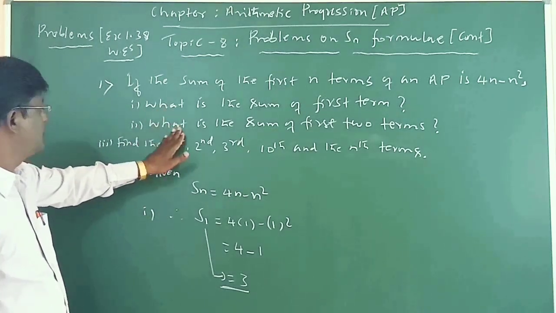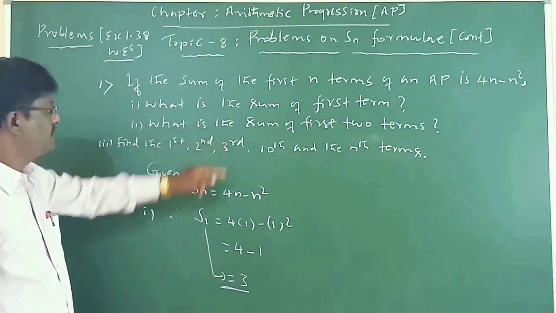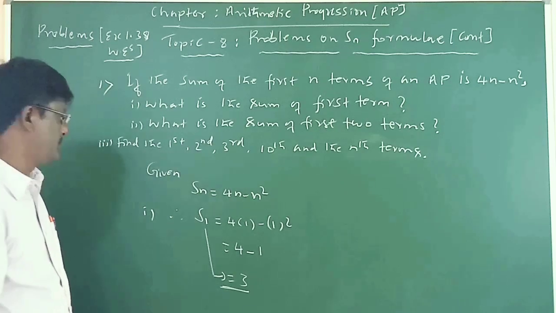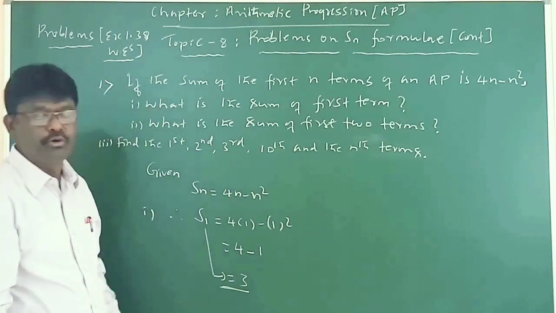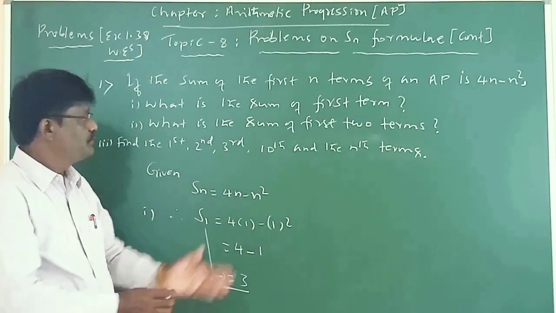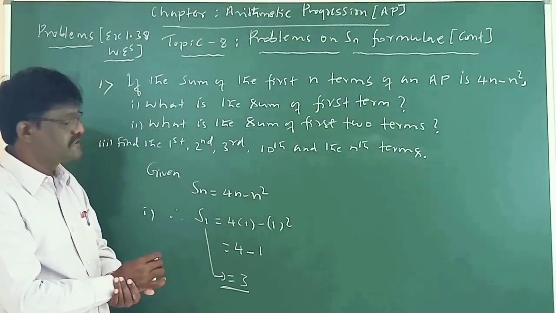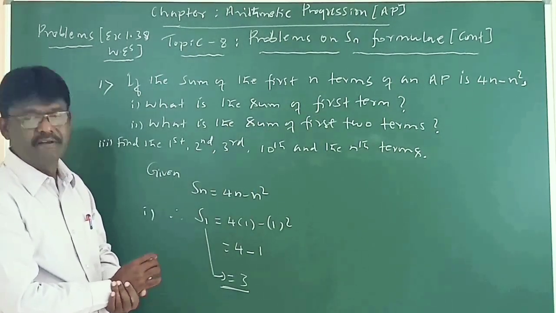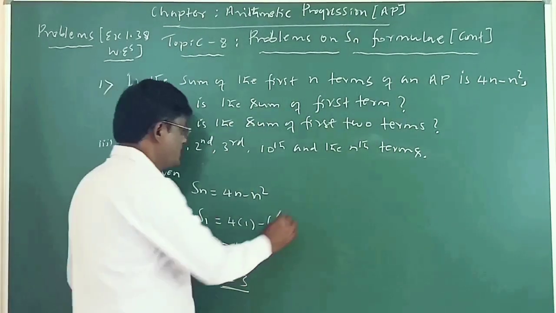Next, the second sum is this. What is the sum of the first two terms? Yes, children, how do you denote this sum of the first two terms? Yes, it is by S2.